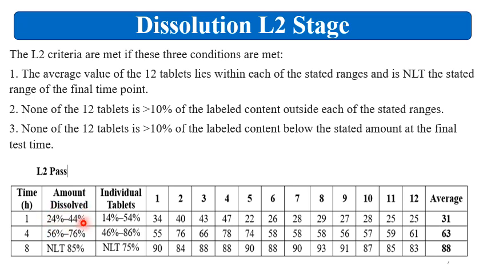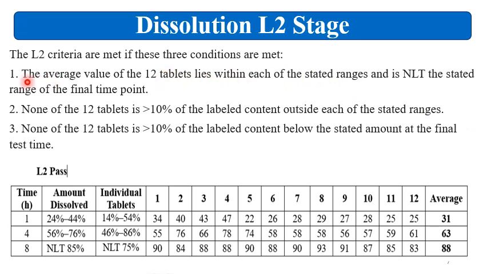If you see this 24 to 44 average is 31, 56 to 76 average is 63, not less than 85 it is 88, while no unit in L2 stage tablet is also below the 75%. That's why this is passing with the average.